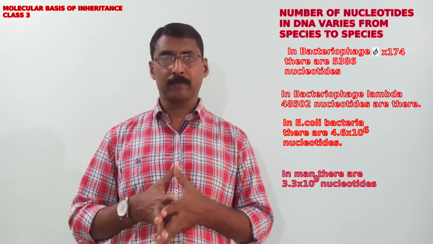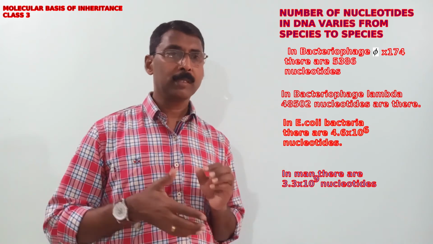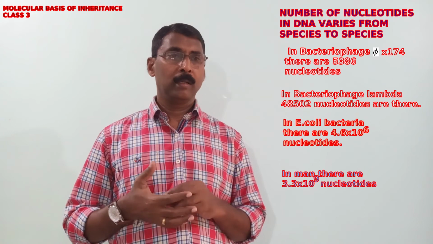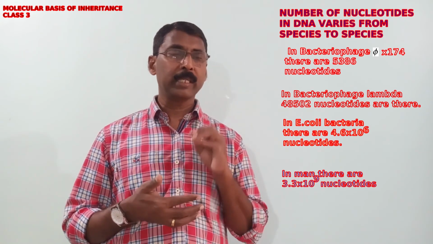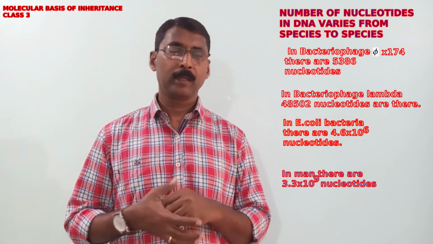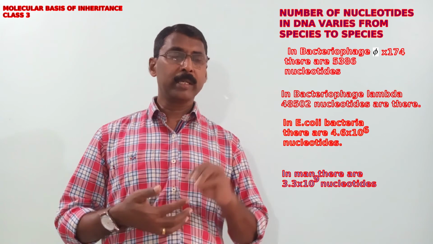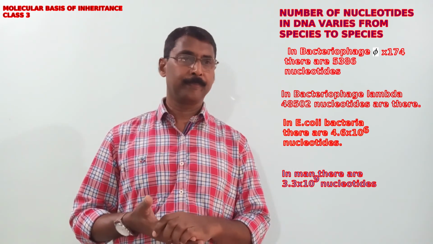Some examples are given in your textbook. The bacteriophage phi X 174 has 5,386 nucleotides in its DNA molecule.